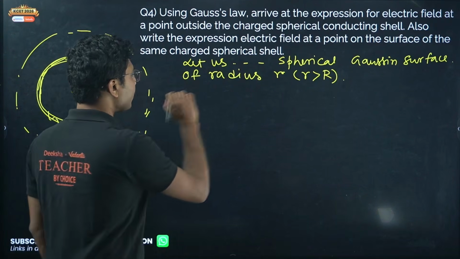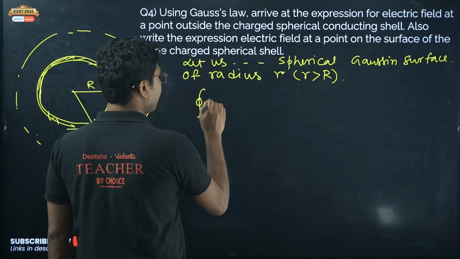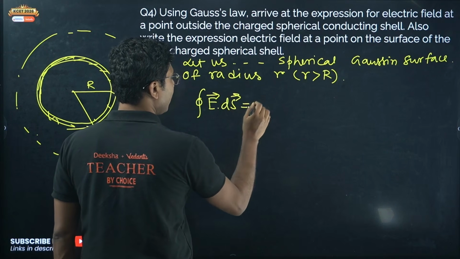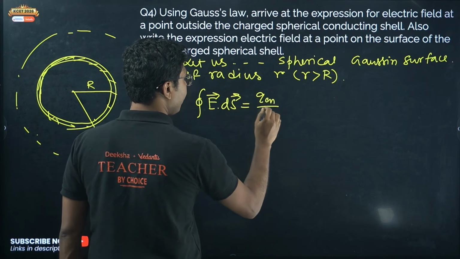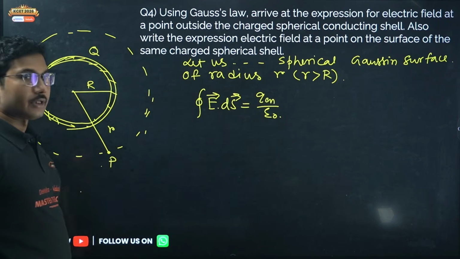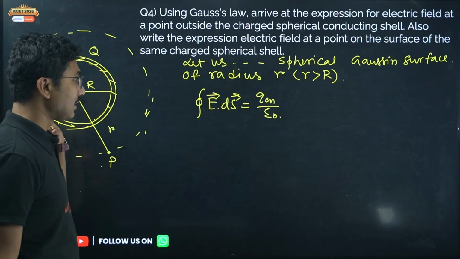Now from Gauss's law we can write closed integral E dot ds equals charge enclosed by epsilon naught. What is the charge enclosed? The charge enclosed is the total charge on the shell, that is capital Q.